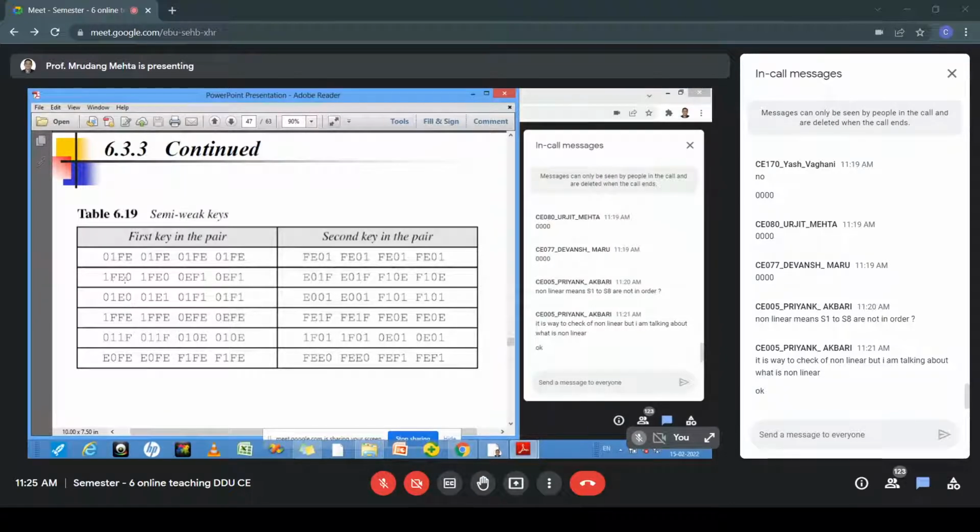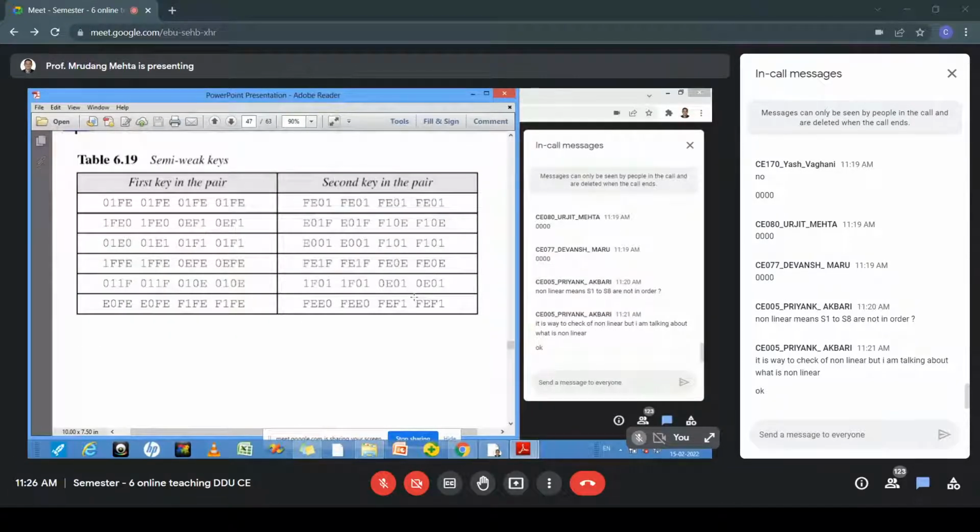The next is 1FE0, 1FE0, 0EF1, 0EF1, and the first four are changed in order to E01F, E01F, F10E, F10E, right? So we have 6 such keys on this side and 6 keys on this side, which is just a change in the order. So 12 such semi-weak keys are present.